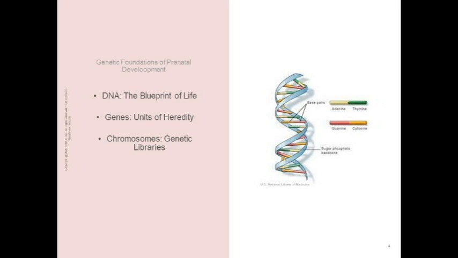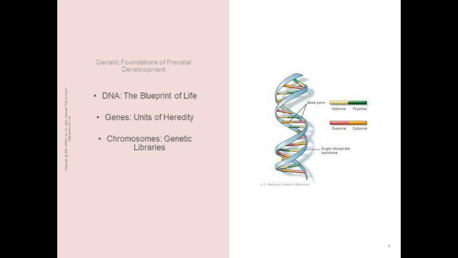And then at the moment of fertilization, we have the formation of the zygote. And with the formation of the zygote, we have that fusion of the genetic material from both parents. And it contains then a complete set of 46 chromosomes, 23 from the mother and 23 from the father. This genetic combination defines the individual's unique traits, characteristics, and potentials.